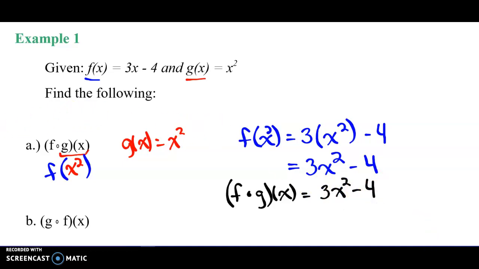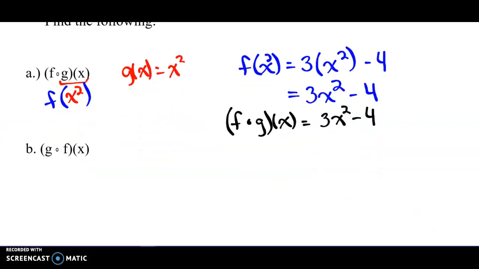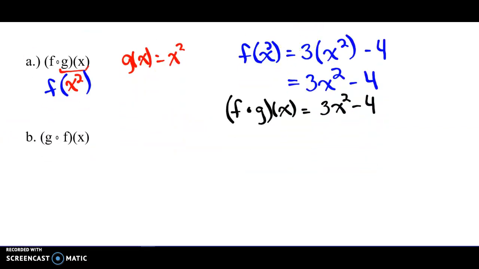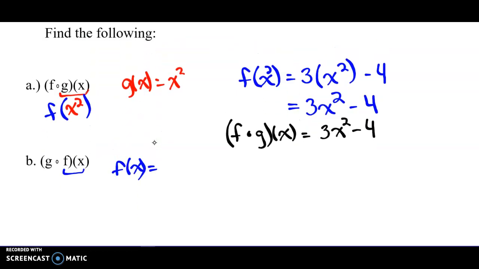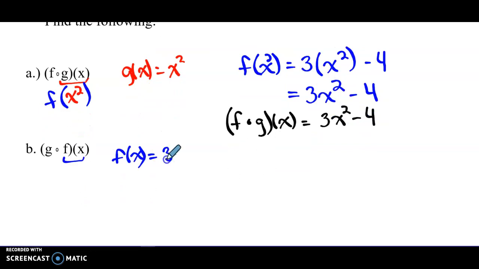Okay, now let's solve for g f of x. So we're looking now at our function right here, f of x, and we have that our function f of x is equal to 3x minus 4. So I'm going to write this right here because that's what f of x is.